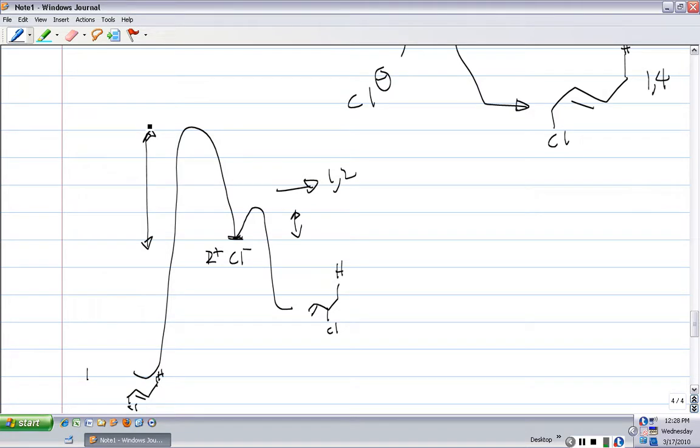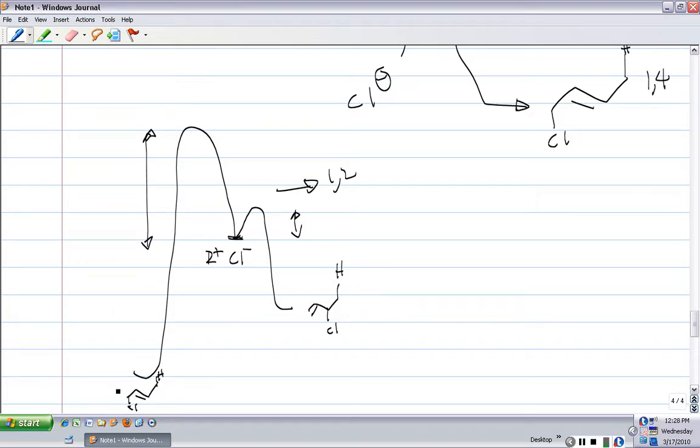Independent of that is the fact that the 1,2 product, being a monosubstituted alkene, having only one alkyl group, is a less stable species, whereas the 1,4 product is actually more stable. So we saw that this was a case of kinetic versus thermodynamic control of a reaction, in which the more stable species forms more slowly.